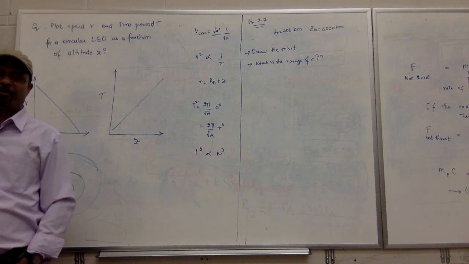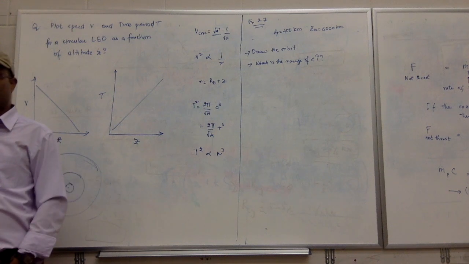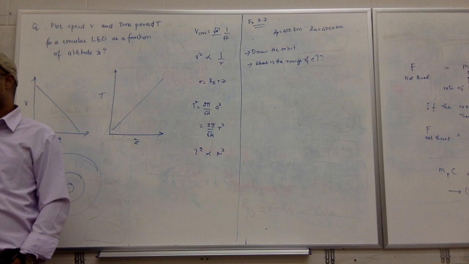And what orbit is this? Your periapsis is the distance from the Earth, but that was larger than this.